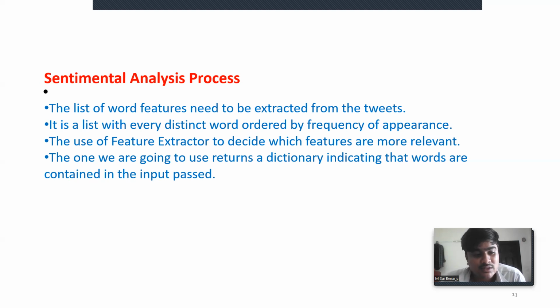The use of feature extraction is to decide which features are more relevant, and the one we are going to use returns a dictionary including the words contained in the input passed. These are the sentiment analysis process, the four points that come with it.